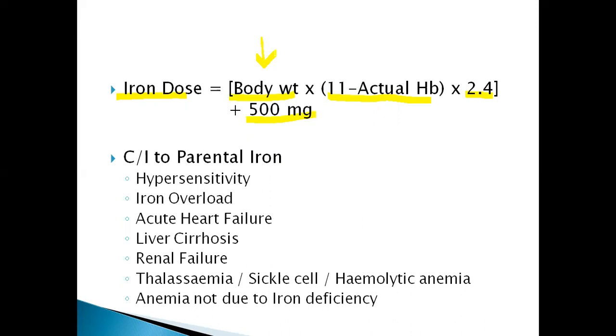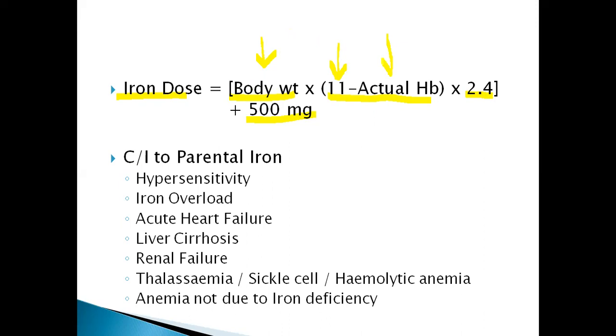Obviously, many females will not have the pre-pregnancy body weight. So the body weight we consider is the body weight at first ANC checkup, that is at the time of registration, which can be considered for calculating the iron dose. 11 is what we are taking because we want a minimal of 11 gram percent value.